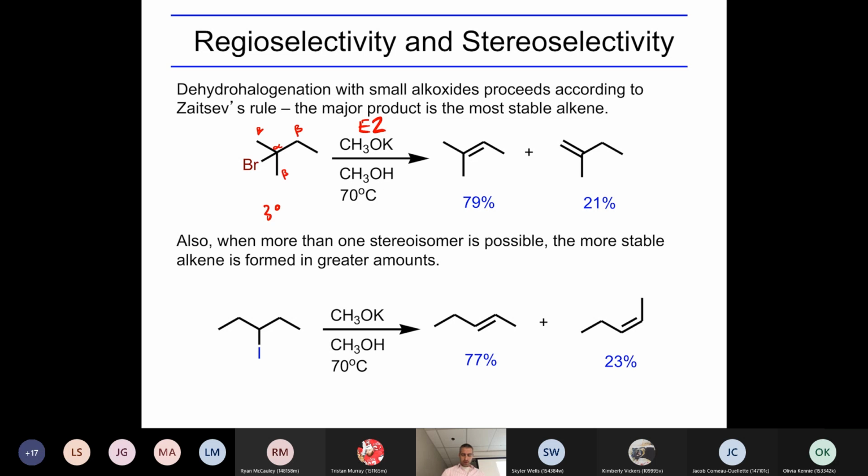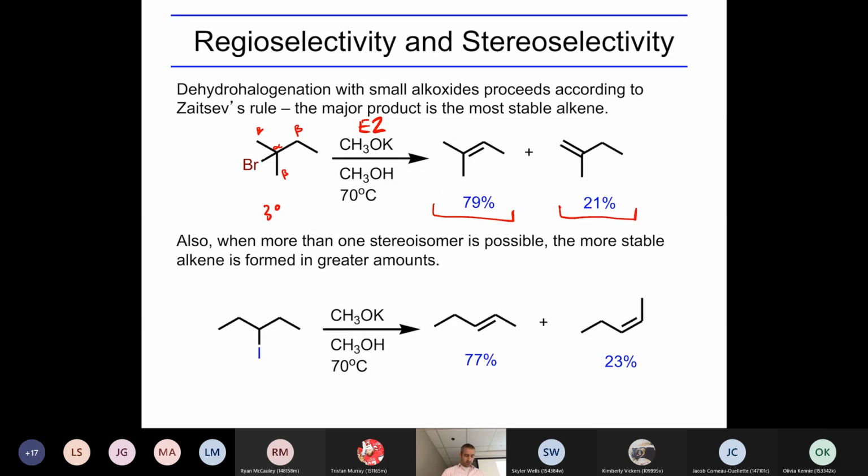If you remove it from a methyl, you get this one. If you remove it from the CH2, you get this one. And the major product in this case is the tertiary, which follows Zaitsev's rule. It's more stable. The more substituted alkene is going to be the major product. So we would say this is regioselective.